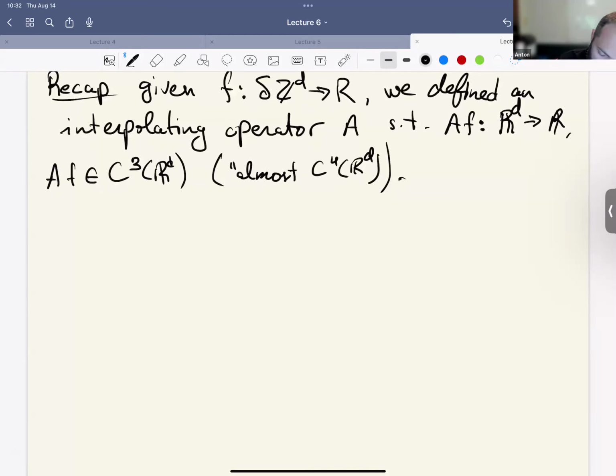And so, okay, it has a weighted sum representation.